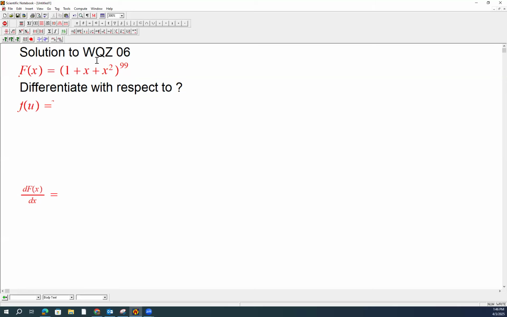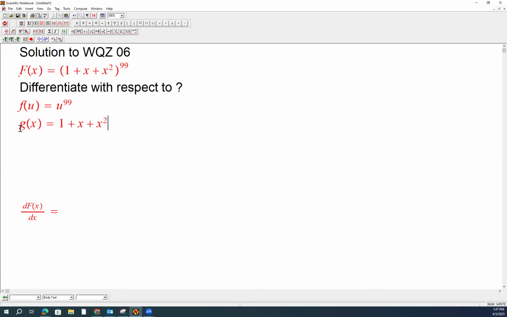Even though it doesn't make any difference. Remember in class, I talked about how we see the parentheses as blurry. So that blurry is u to the power 99. And our g function is just the blurry, the baloney, or u.